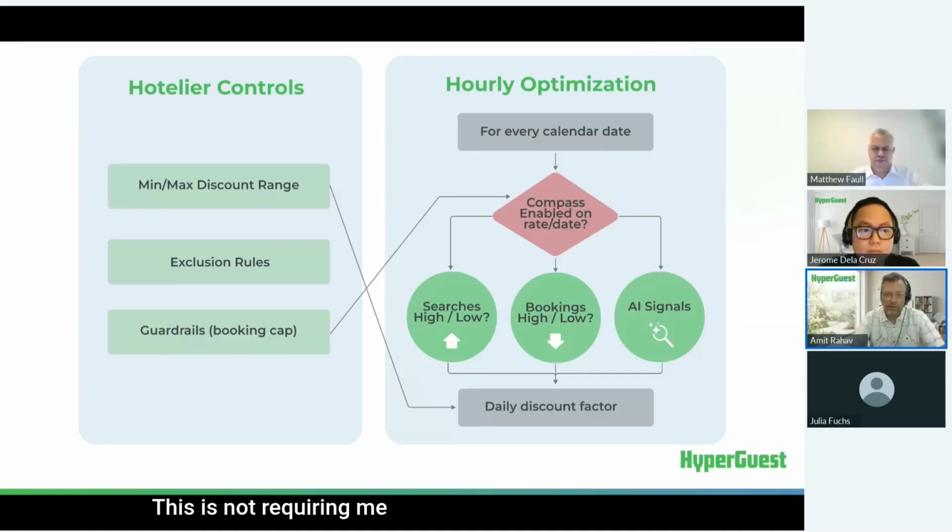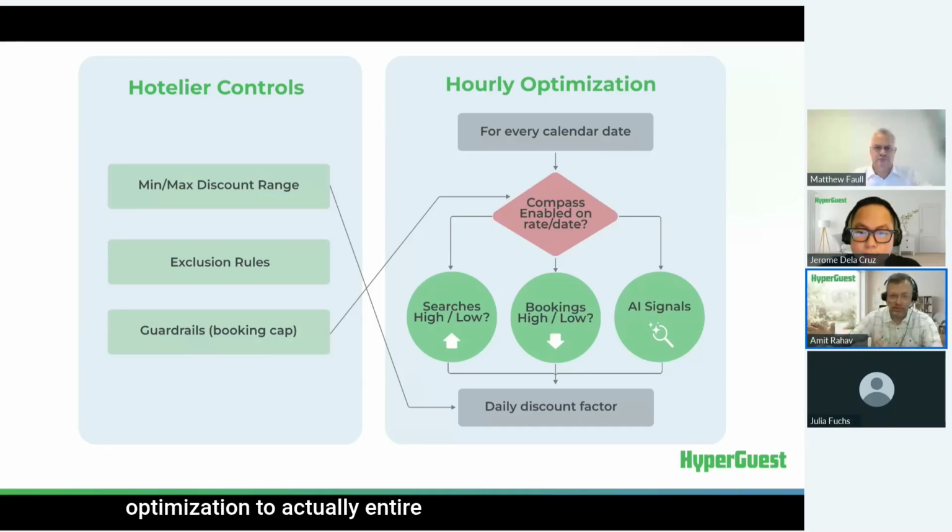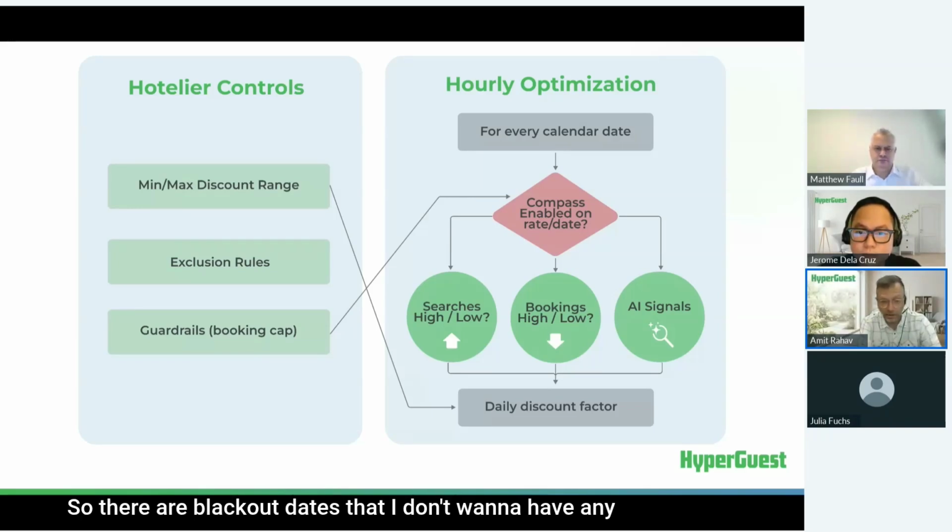This is not requiring me to do anything as a hotelier. The system works behind the scenes. What am I doing as a hotelier? I'm controlling the hotelier controls. First of all, the discount rate, and there are different strategies, which we'll talk about, from very fine-tuned optimization to entire commission management. Exclusion rules: there are blackout days where I don't want any optimization.